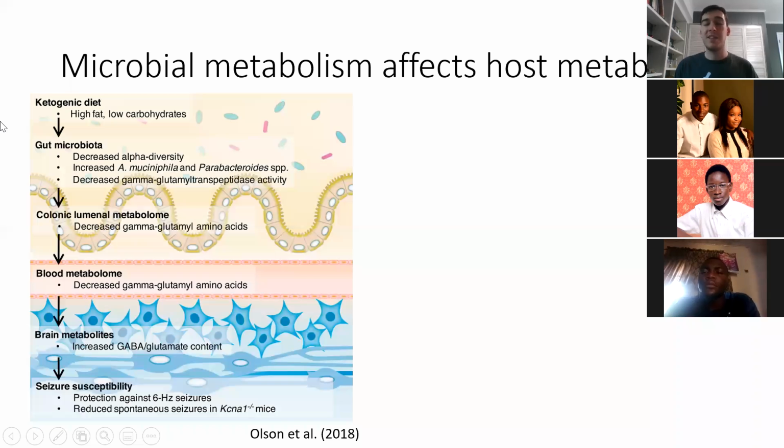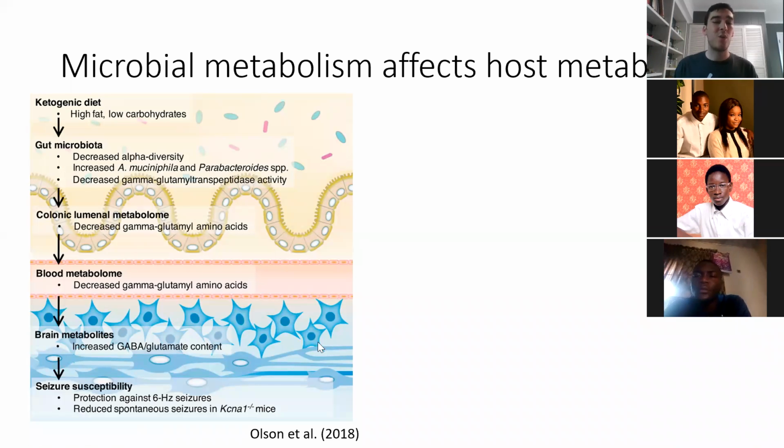And so we knew that something about this diet made people have fewer seizures. And this paper showed how the particular diet changed the gut microbiome, including their activity of producing certain compounds. And that changed which compounds were in the large intestine, changed which compounds were present in the blood, and then in the brain, and then how that led to changes in seizure susceptibility.